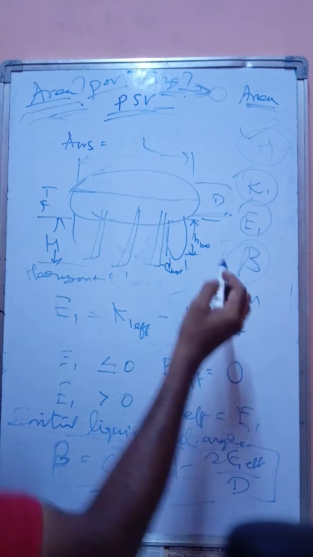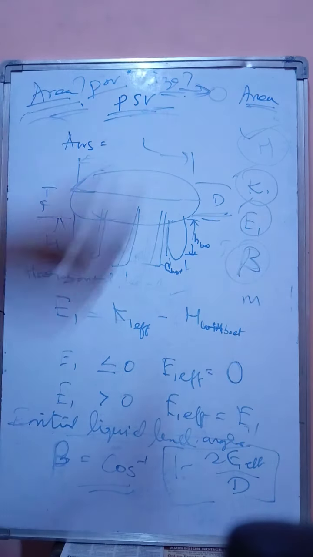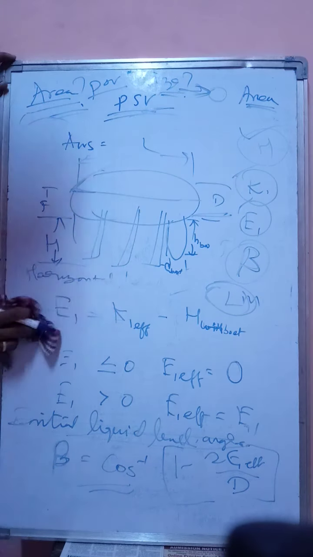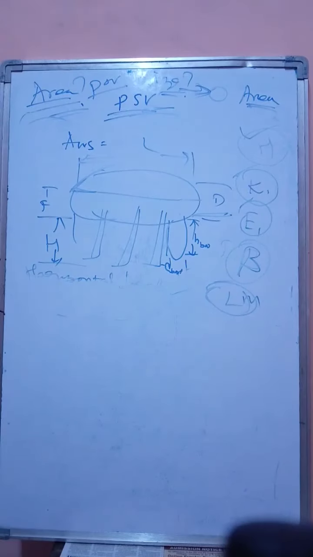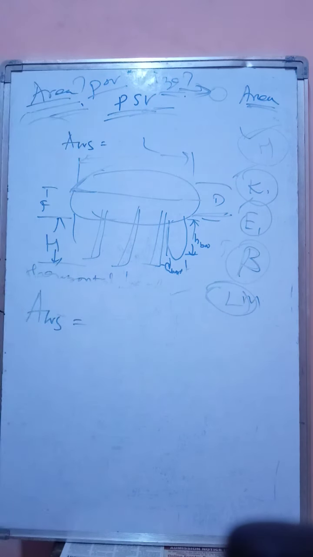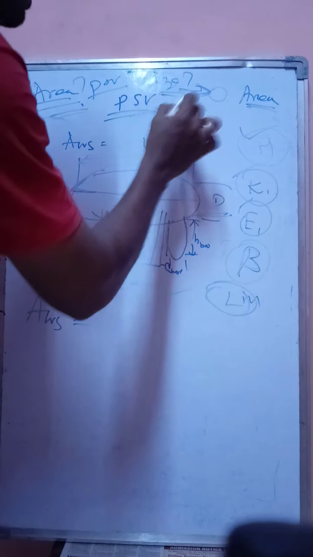So now you have got H, K, E and B, and you know the length of the tank also. So you know all the parameters now. Now we are going directly to the formula. This is nothing but vector surface. Why we are finding this one?